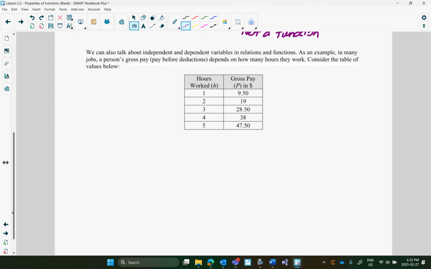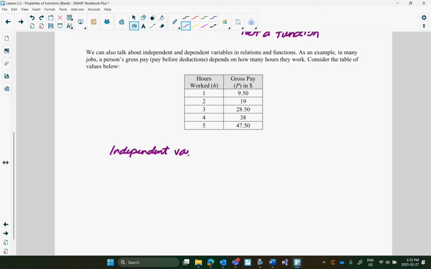Relations and functions. Remember we talked about the domain and range. Another phrase we can use for the domain, and you've probably heard these in science, is the independent variable. And the range would be the dependent variable, because it depends on what the independent values are. In this example, the independent variable is always the first column.